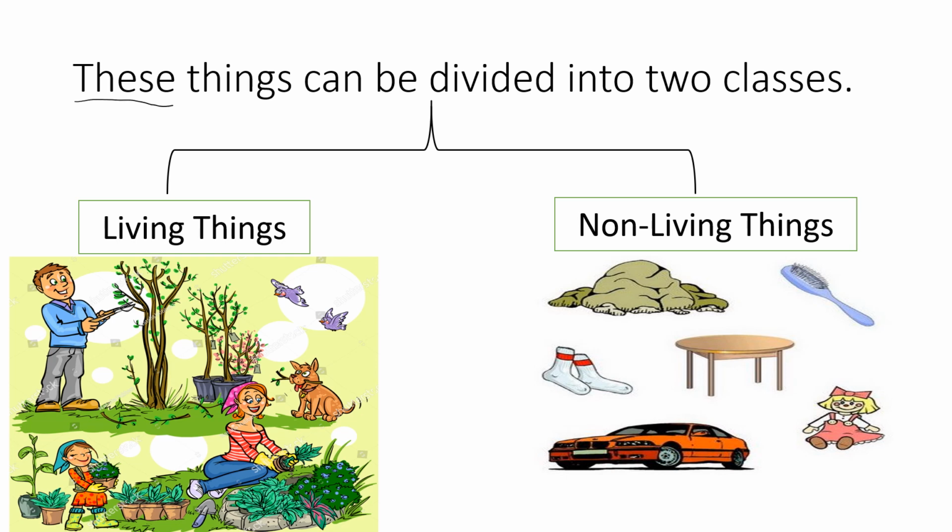These things can be divided into two classes. Classes can also mean groups. Now let us read out the spellings. THESE, these. THINGS, things.